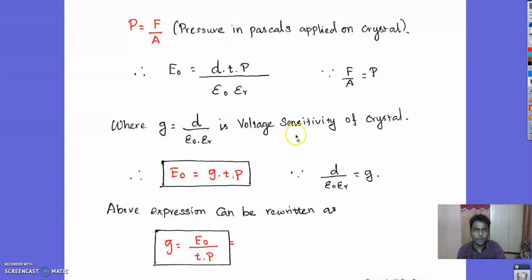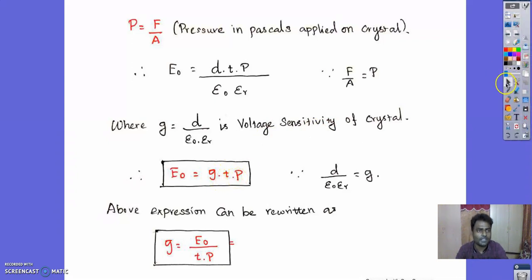And one more thing, the voltage sensitivity of the crystal is equal to the ratio of your sensitivity to the permittivity, that is epsilon naught. So I am replacing this D divided by epsilon naught with G. So your output voltage equation will become E0 is equal to G into T into P, that is, voltage sensitivity of the crystal into the thickness of the crystal into your pressure.